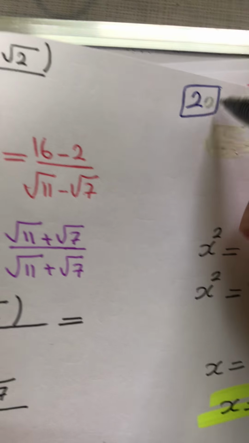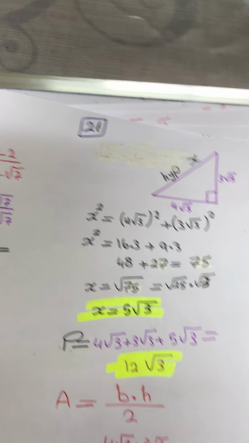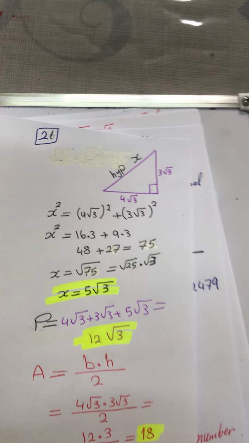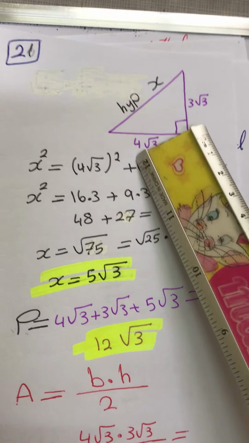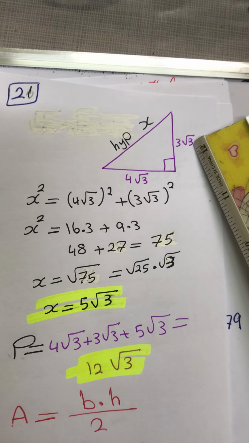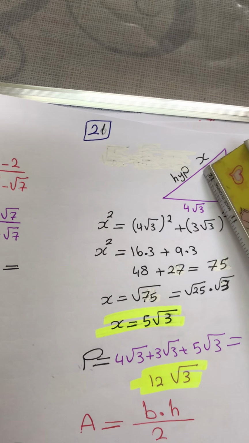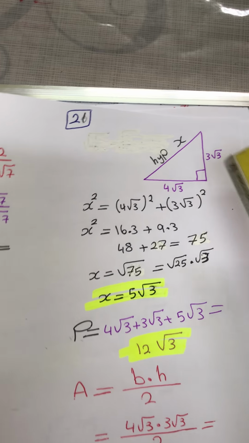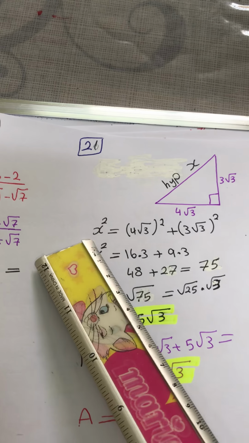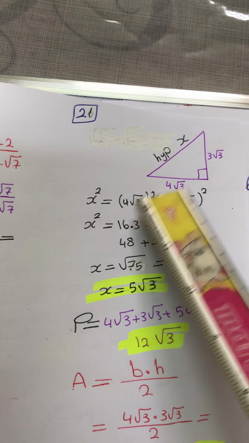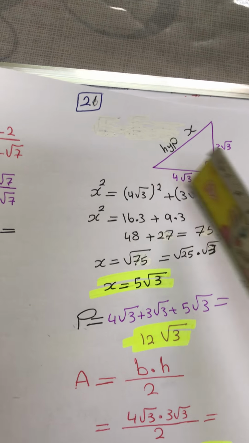In question number 21, we have a triangle. The two sides of the triangle are 4 square root of 3 and 3 square root of 3, and the hypotenuse is unknown. He asked to find the hypotenuse. As you know, according to the Pythagorean theorem, the hypotenuse squared equals the first side squared plus the second side squared, like this.